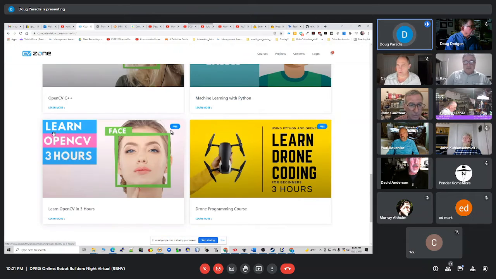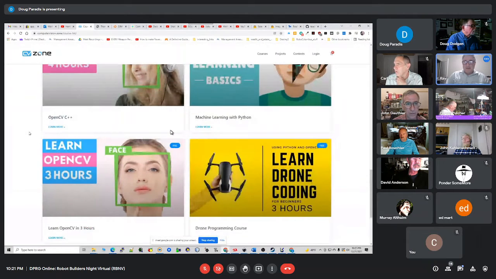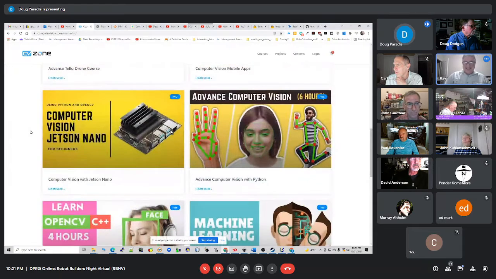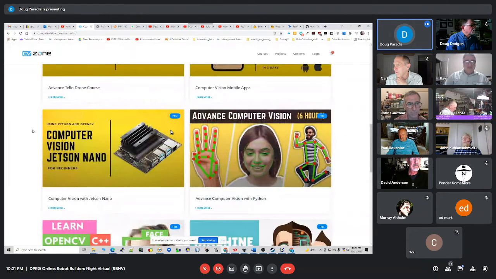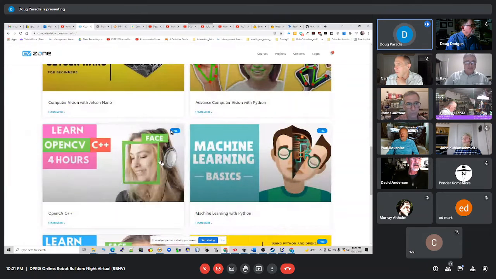So the Arduino isn't running OpenCV. The Arduino blinks an LED, probably, right? No, it's more than that. But like I say, you can look at the course.